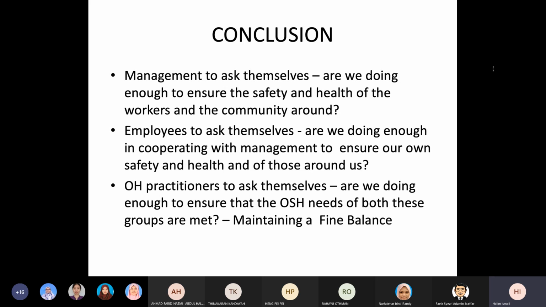And those working around you as well, because once there's a break in the PPE, you're exposed to the COVID-19, and then without realizing, it's possible that you are infecting other healthcare workers as a result of your incompetence.